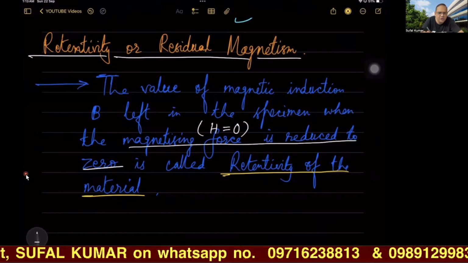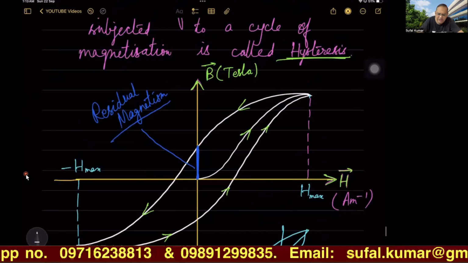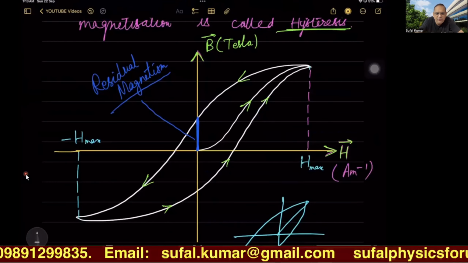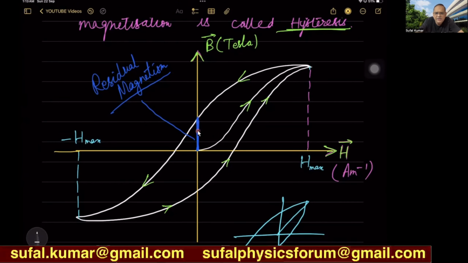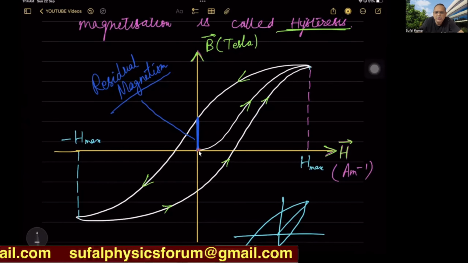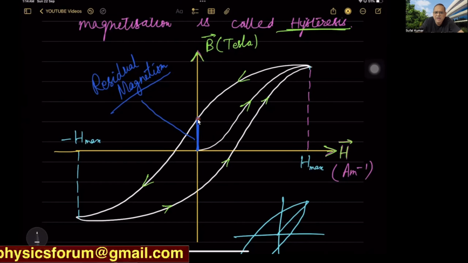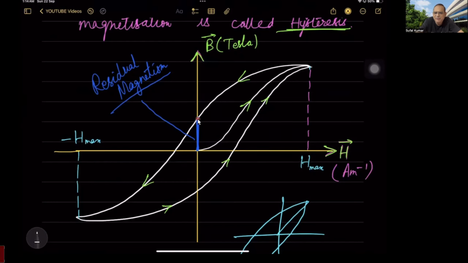Then here comes coercivity. For coercivity, now if we want to decrease this B also to 0, then we need to apply an external magnetic field in the opposite direction.